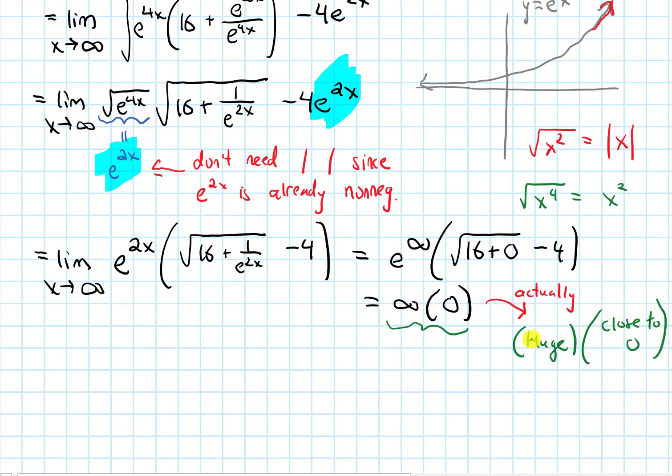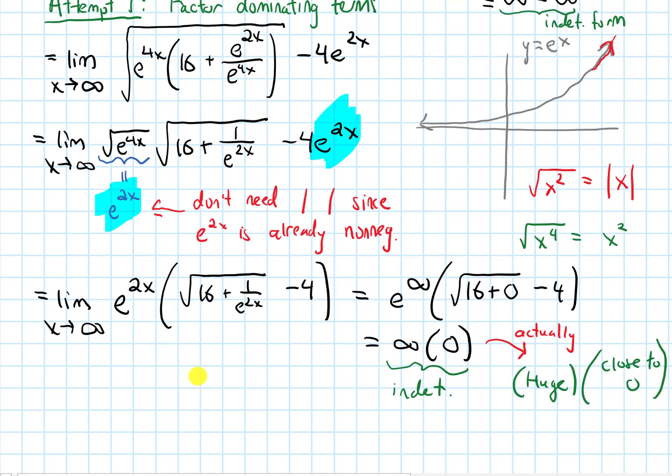And when I multiply a huge number by a super small number, that doesn't necessarily have to be getting close to 0, because maybe the huge thing is growing a lot faster than this thing that's getting close to 0 is getting small. So infinity times 0 is an indeterminate form. We've actually seen that before, but I wanted to just give some intuition behind why.